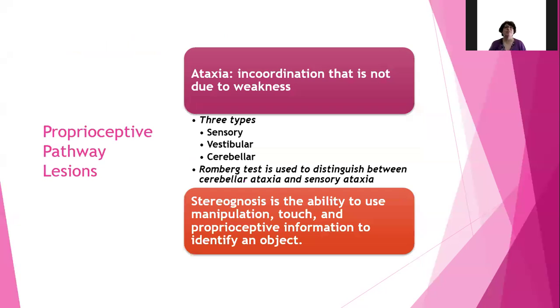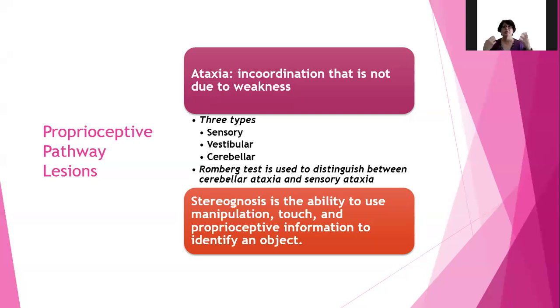When you have lesions in your proprioceptive pathways, it can result in ataxia. Ataxia, which is incoordination that's not due to weakness, can be sensory, vestibular, or cerebellar. If you have lesions in your proprioceptive pathways, it's sensory or at the receptor end. If you have it somewhere in your vestibular system, it can be vestibular.